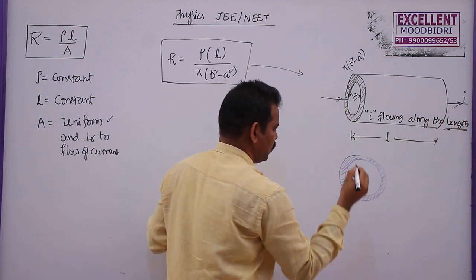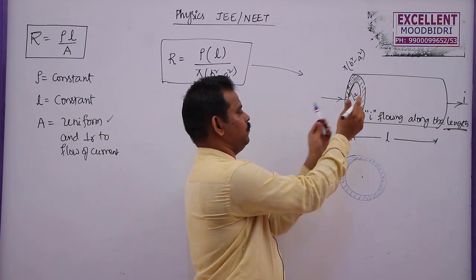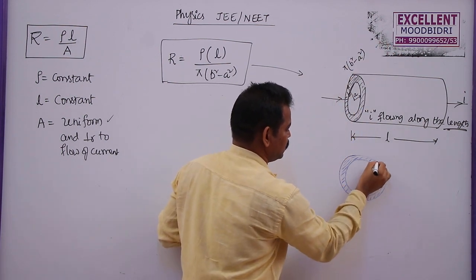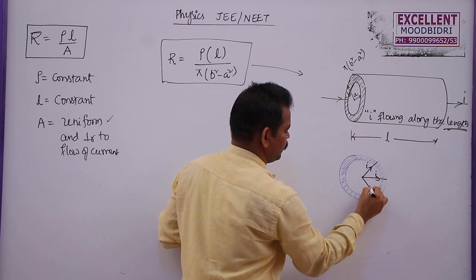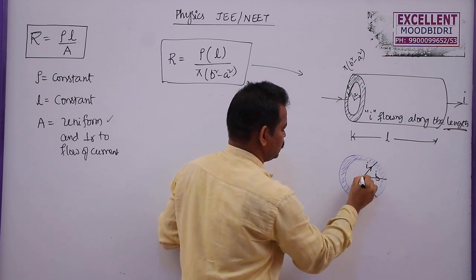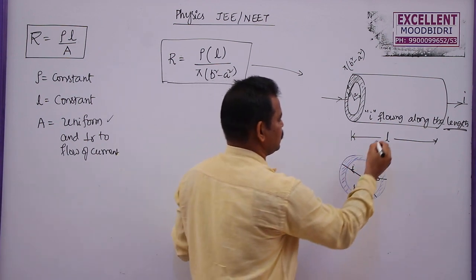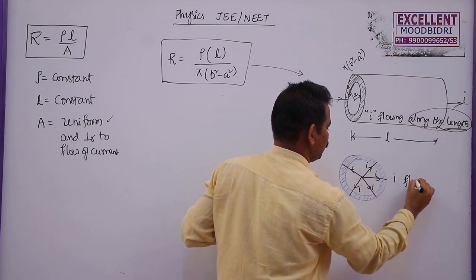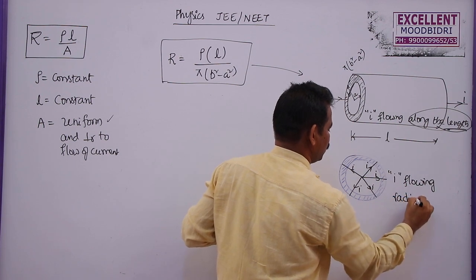But here current is not flowing along the length, current is flowing from the center radially outwards in all possible directions. So this is the direction of flow of current: I, I, I, I, I. This is current I flowing radially outwards.